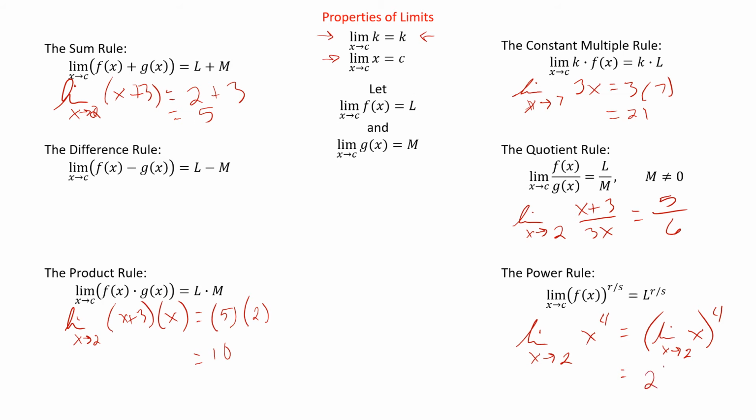That's 2. Then we just have to take that to the 4th, which is 16. So those properties of limits, again, there's a bunch of them, but chances are if you had to guess at what a lot of these would do, you would probably guess correctly.